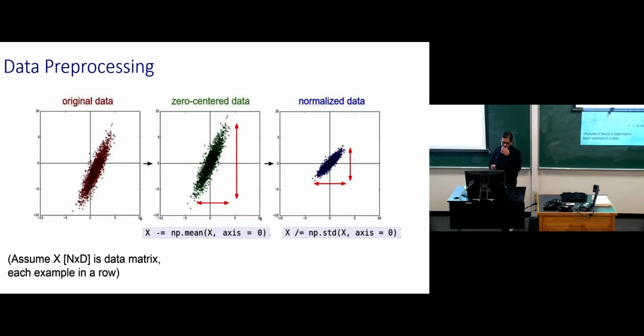The idea is, let's say you have some data. The plot on the left is the original data, with number of samples n by the number of features d, and in this plot we are only looking at 2D data, so we only have 2 features.